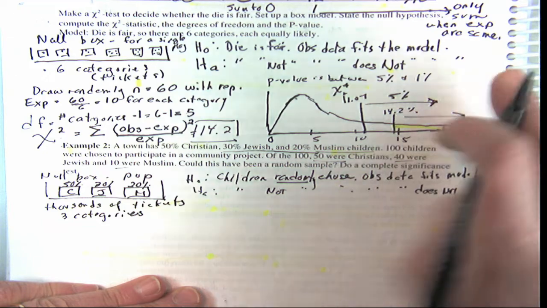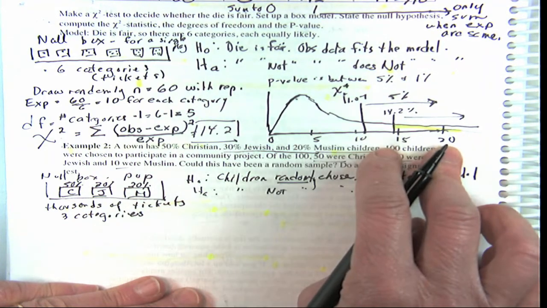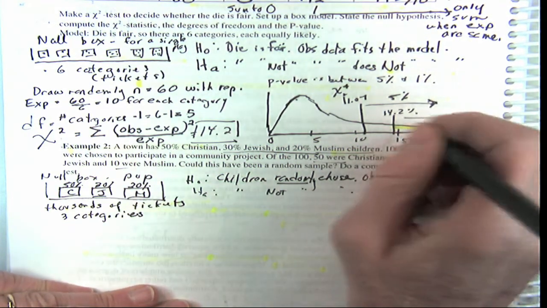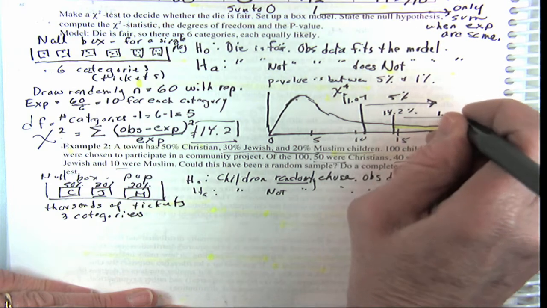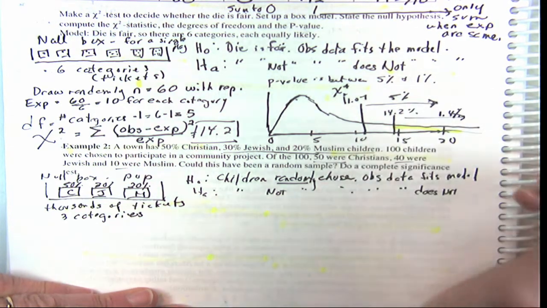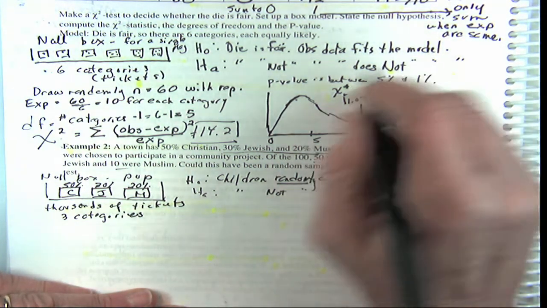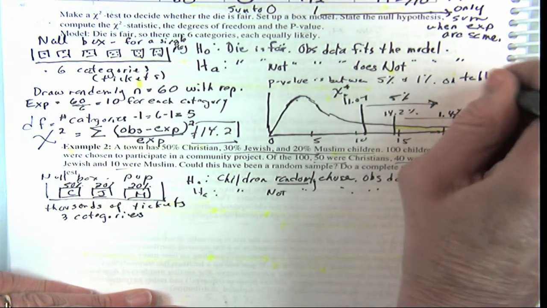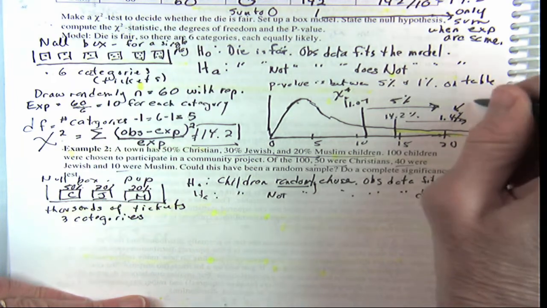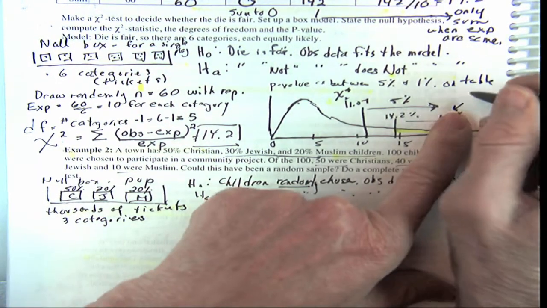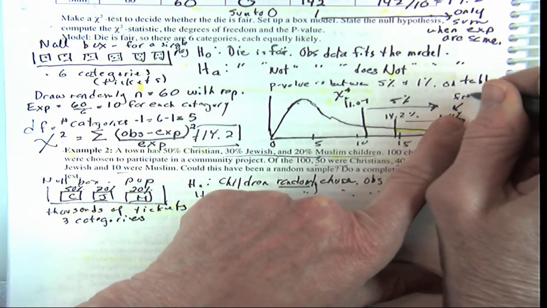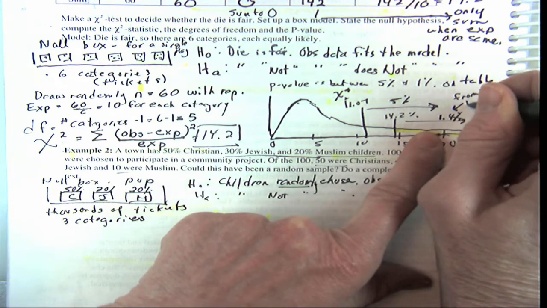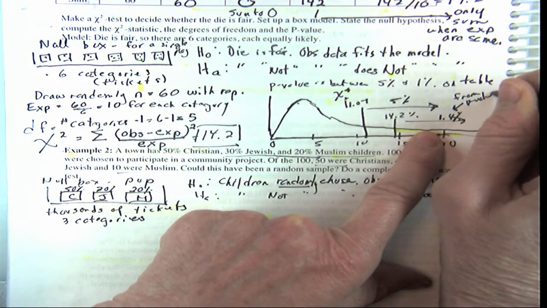We didn't finish our example here, did we? So this p-value was actually 1.4%. We didn't get it from the table, we got this from the computer, the p-value calculator.